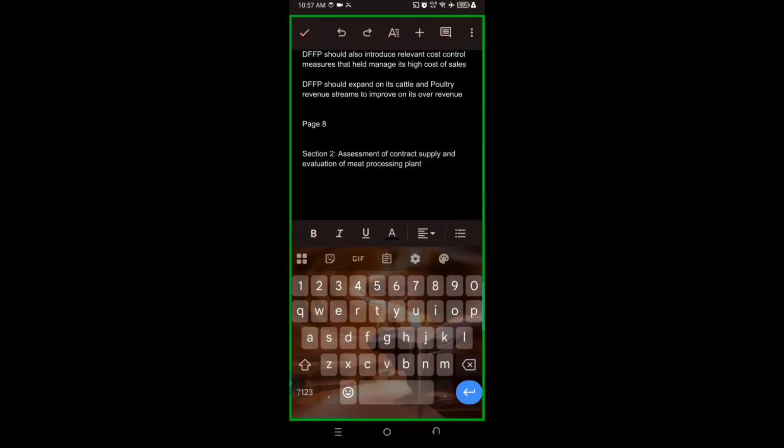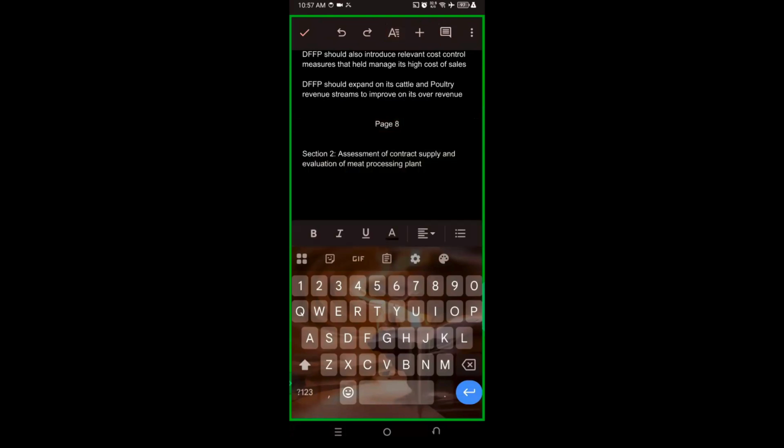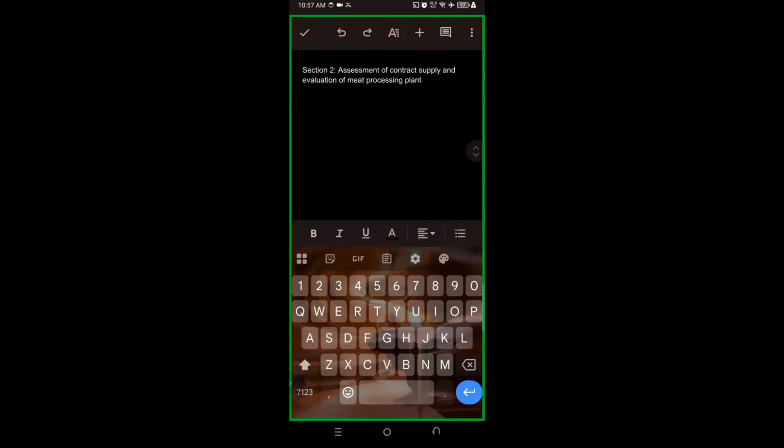Let's say this is our page 8. So section 2 can now start from page number 9, right?